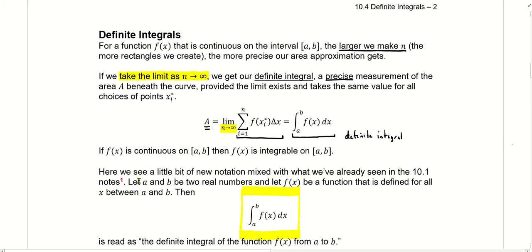So the limit definition of the definite integral, what I mean by that is this. So this is the definite integral, but as a limit definition. So it's a limit of that Riemann sum. So let me write this down and then let's fill in what we know.